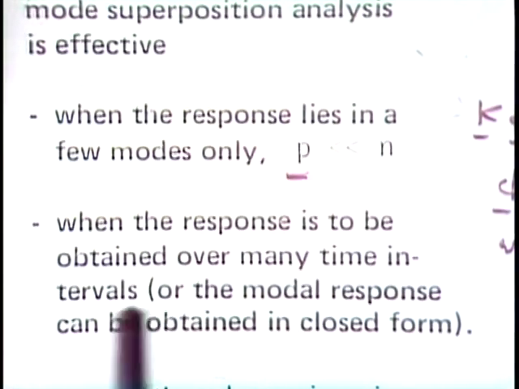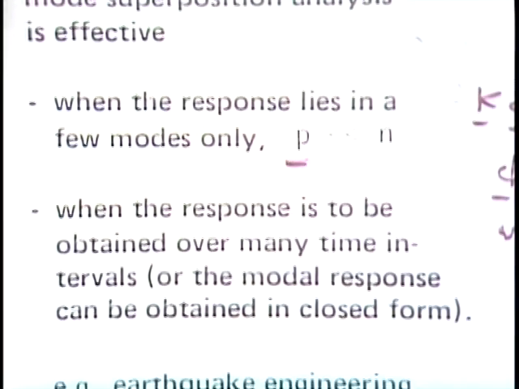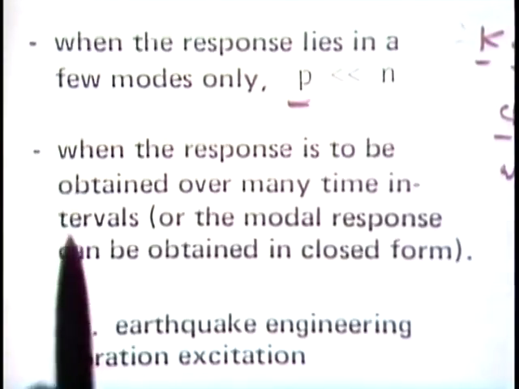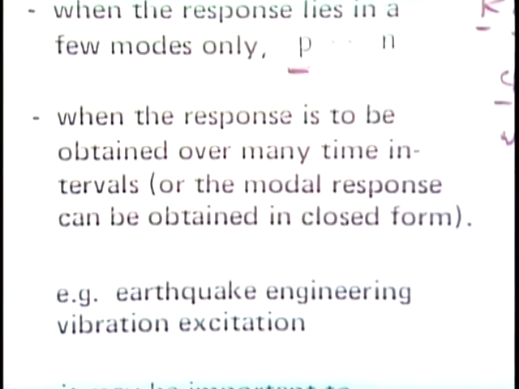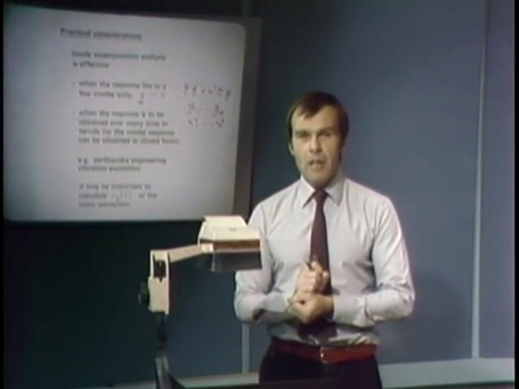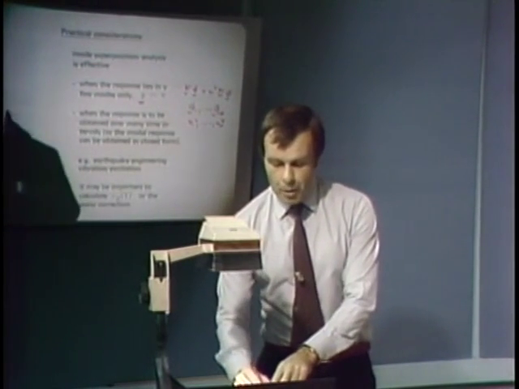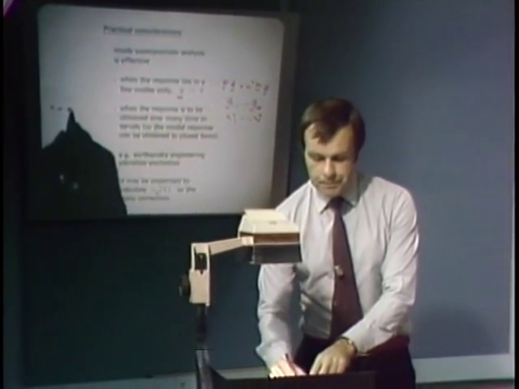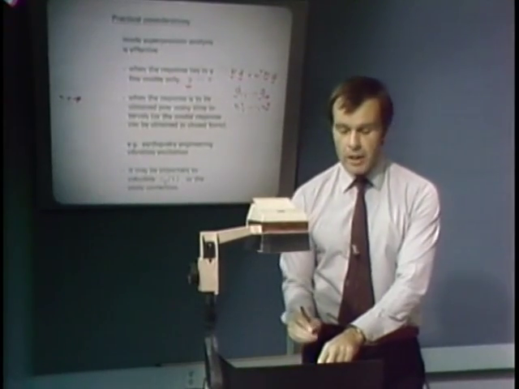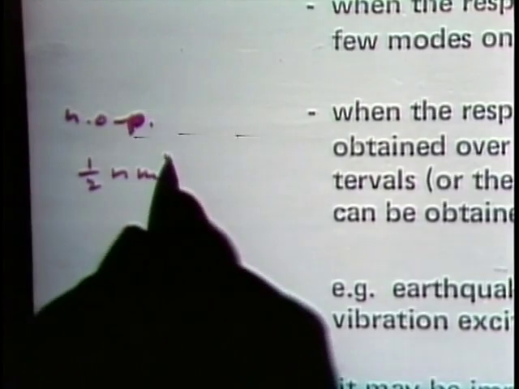When the response is obtained over many time intervals, then mode superposition analysis also becomes effective. We should remember here that if we perform a direct integration analysis, and if that is an implicit direct integration analysis using the Newmark method, for example, then the number of operations in the Newmark method was 1/2 n m squared.